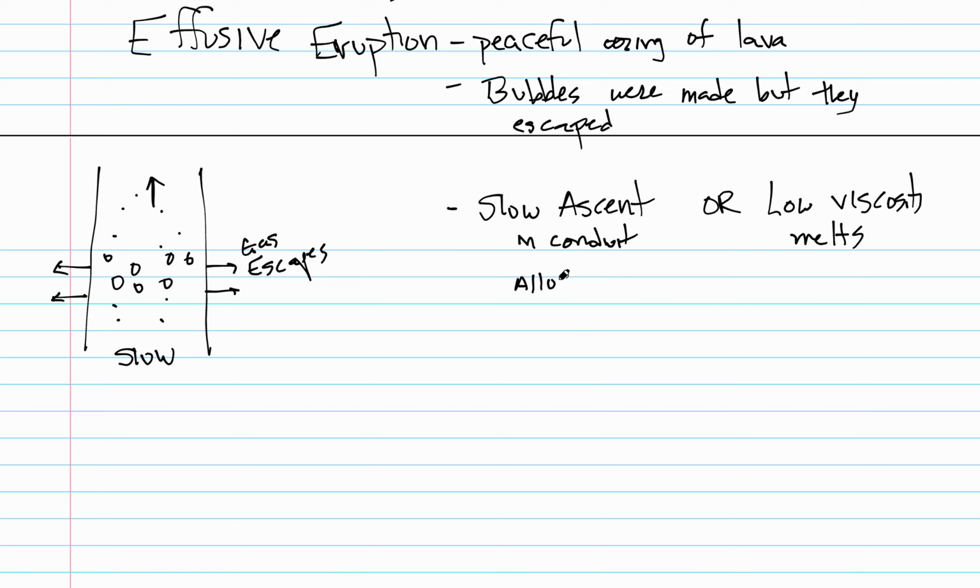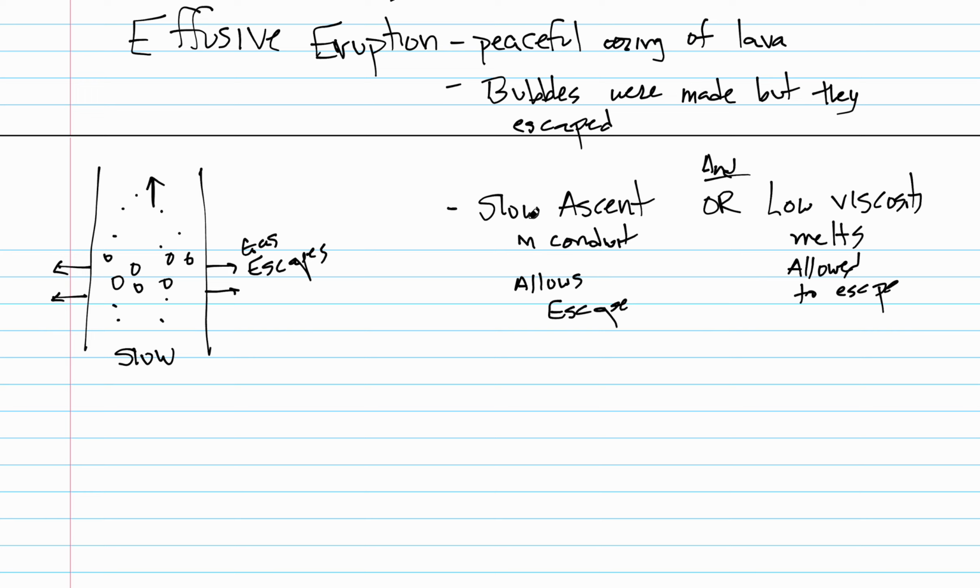So we could say allows escape of bubbles. And if you're really low viscosity melt, the bubbles can move really easily, right? Because the melt doesn't resist flow. And so the bubbles are allowed to escape. And sometimes this is an and/or situation where magma is ascending slowly and it's low viscosity. And so those are going to be the situations that allow for effusive eruptions.